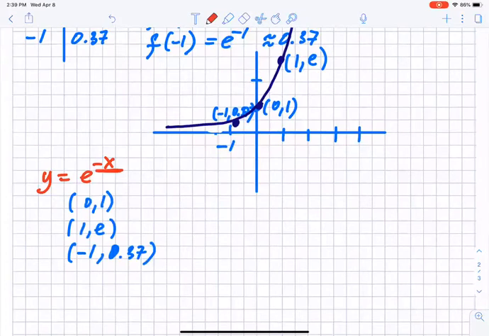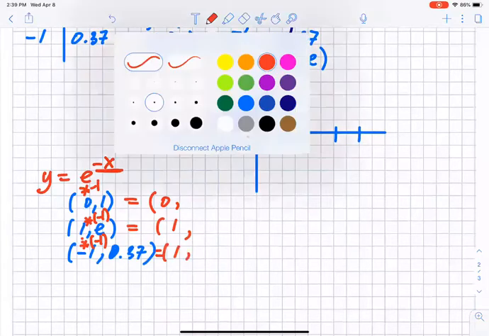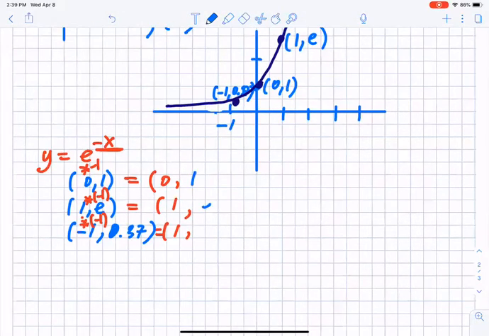If you multiply the x coordinates by -1, 0 times -1 is 0. 1 times -1 is -1. -1 times -1 is 1, right? Y stays the same. So this means we transformed e to the x into this.